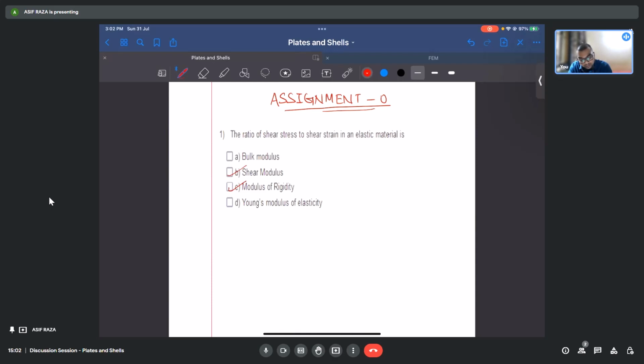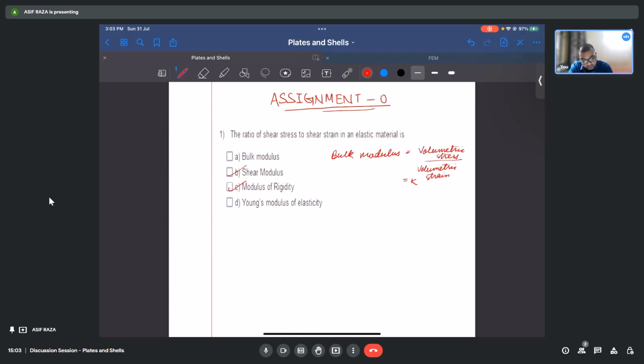So bulk modulus is the ratio of volumetric stress upon volumetric strain, and it is denoted by K. And what is Young's modulus of elasticity?